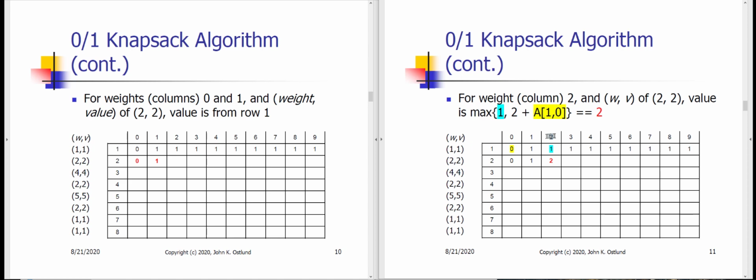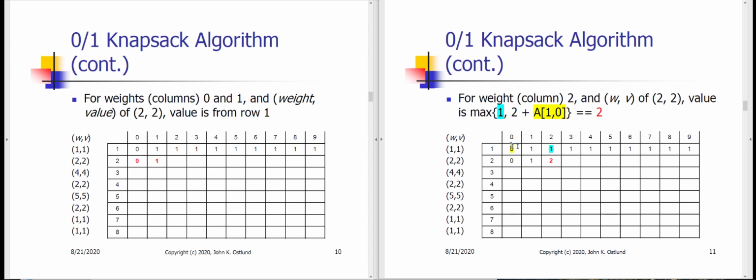When we get to a remaining weight of 2, now our other computation involving the maximum of 2 values comes in. We can choose the maximum of either the value in the cell one row above our current item, or we can use the value of the current item plus the value in the preceding row that is 2 units of weight less than 2.